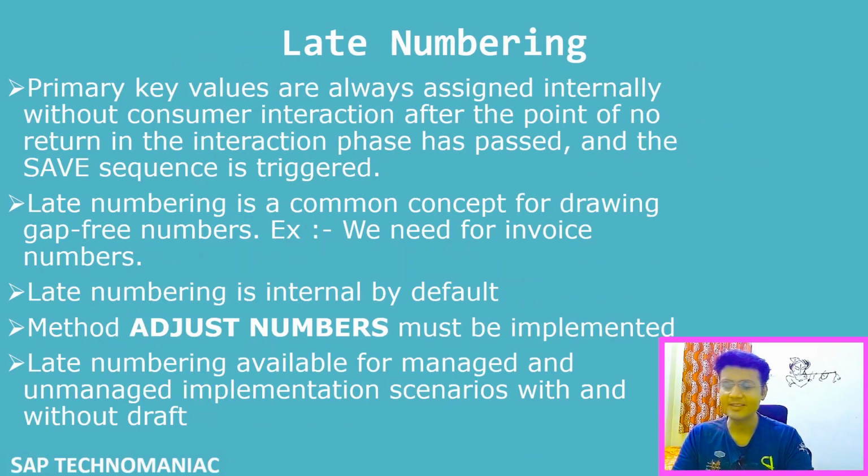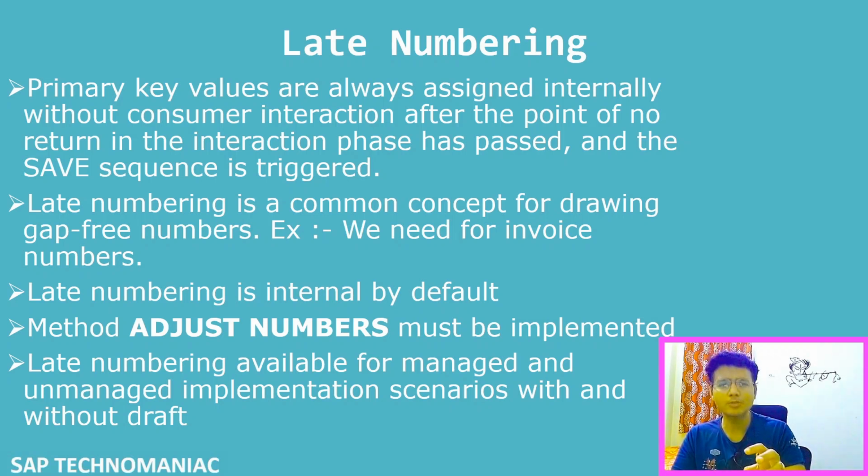The late numbering, I already explained. When the whole interaction phase is over, finally the user wants to save the data. Draft scenarios we will discuss, where we will discuss this numbering concept again. Everything is over, finally the user wants to save the data, clicks on save. That time we will give the number to that particular BO instance.